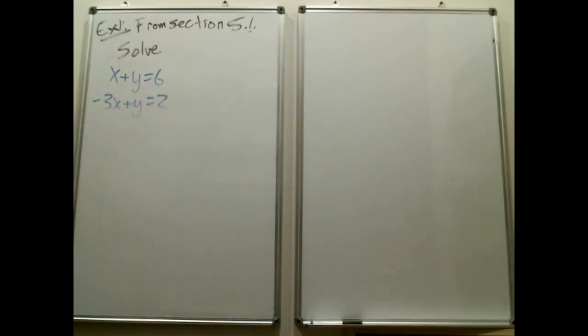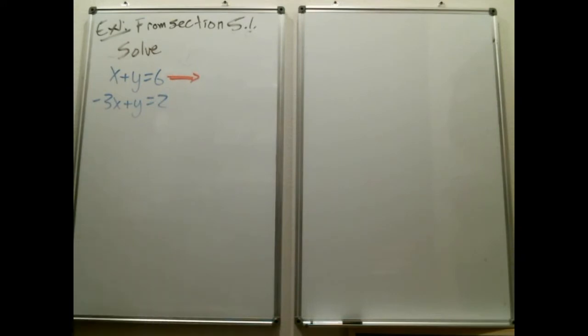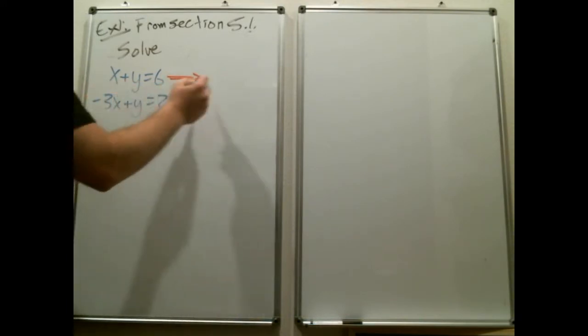Alright, so to solve this, first you would take either one of these equations and solve one of them for x or y, whichever variable you wanted. So what I'm going to do is take the top equation and rewrite it to get y by itself. So I'm going to subtract x from both sides on this top equation.